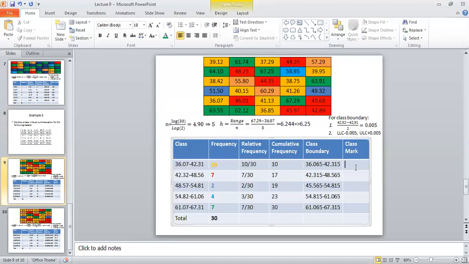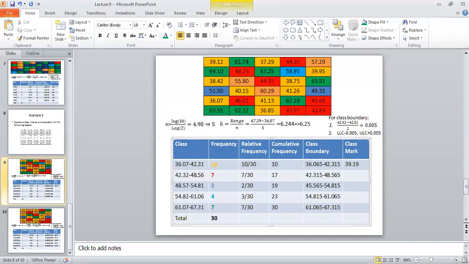Last is the class mark, which is the middle value of every class. So we add the lower and upper limit of every class and divide by 2. For the first class, it is 36.07 plus 42.31, divided by 2, and we get 39.19 as the class mark for the first class.